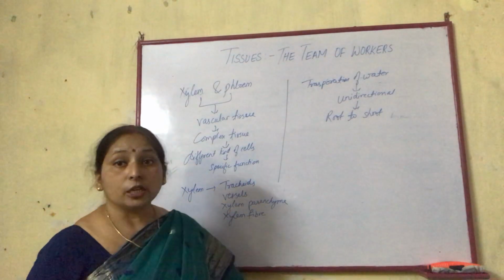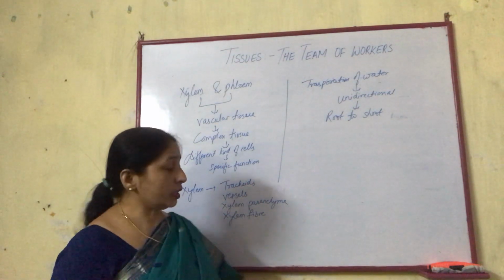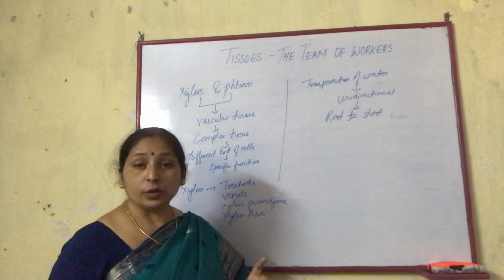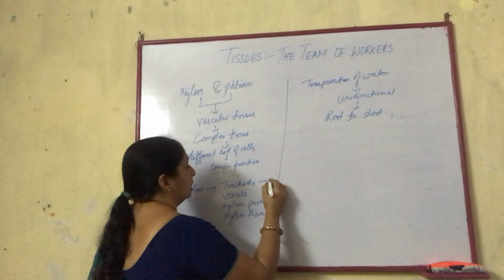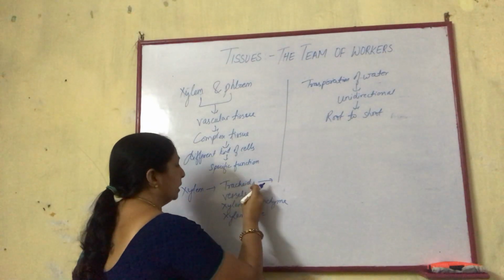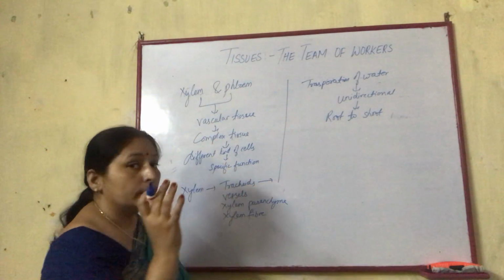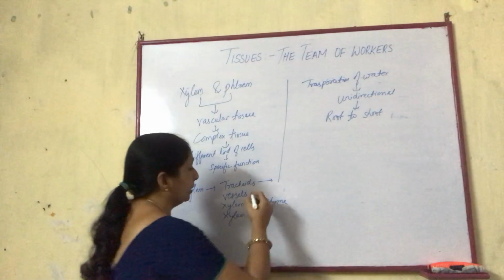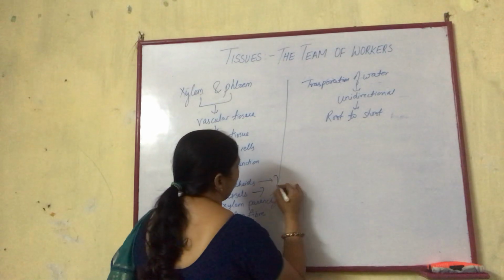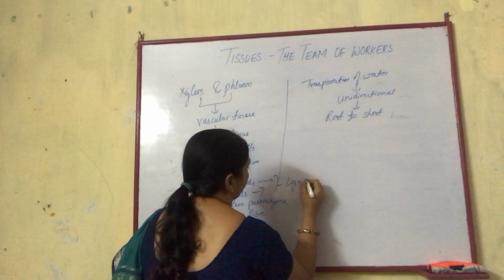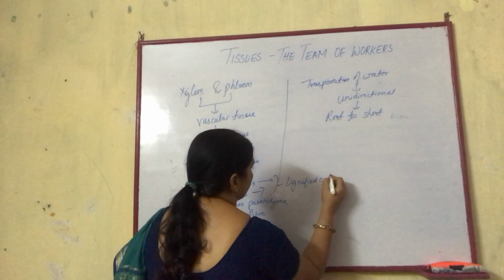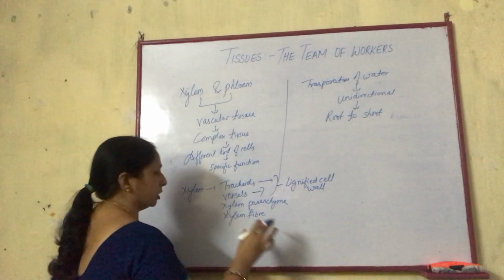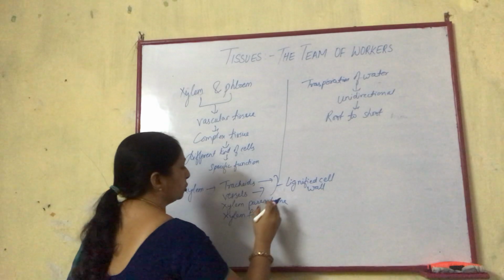Tracheids are long tubular, elongated, thick-walled cells containing less cellular content. Vessels are also thick-walled. Both have lignified cell walls and conduct water from root to shoot.